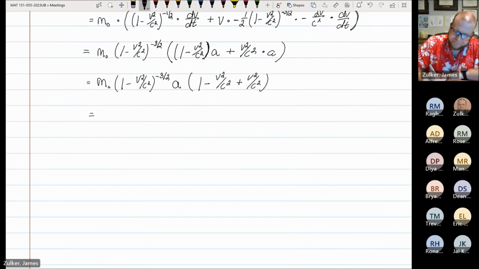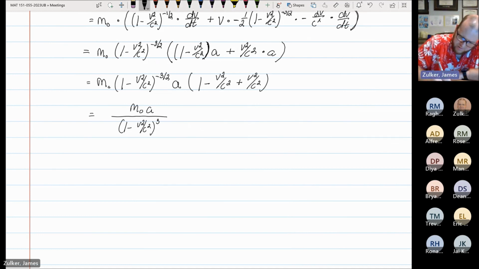Well, look, that's 0. You're left with m naught a over 1 minus v squared over c squared quantity to the 3/2 power, which is what we wanted.